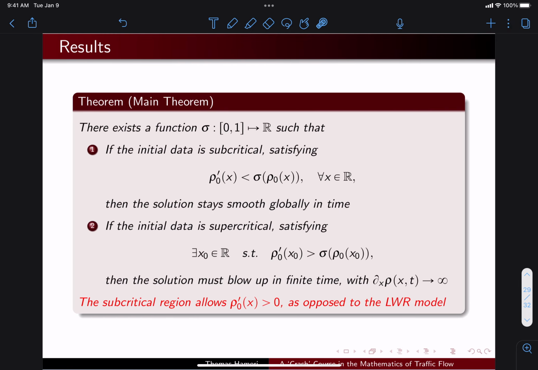What happens is we get this theorem, which again, I'm not going to try to be super technical about. It says essentially that using the non-local model, we can have increasing initial traffic profiles. It's possible that the traffic in front of me is increasing, which remember was the cause of the traffic jams before.